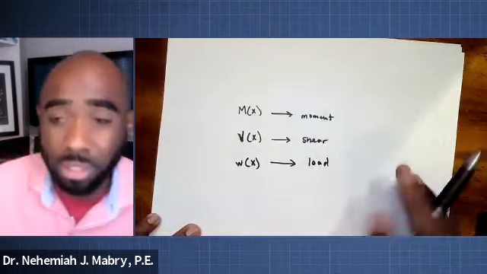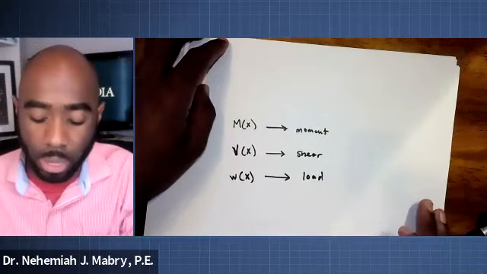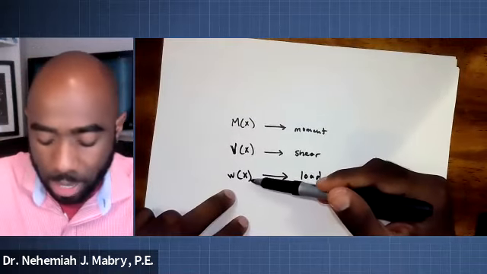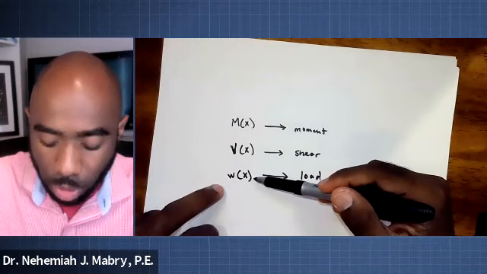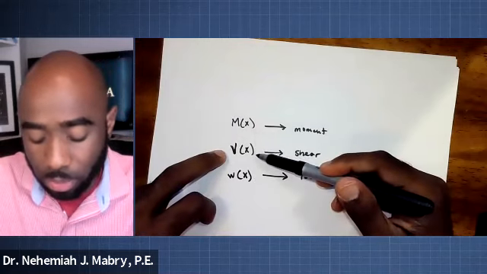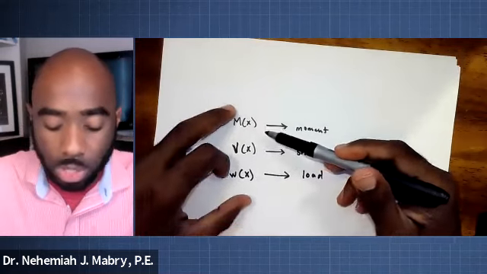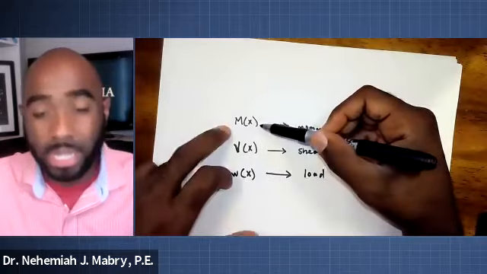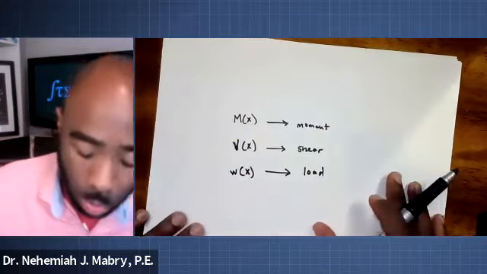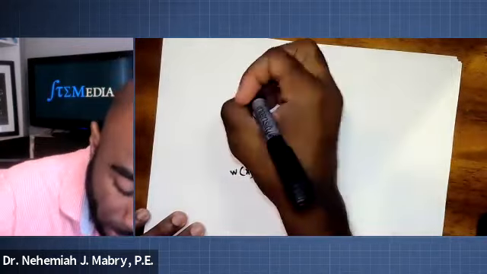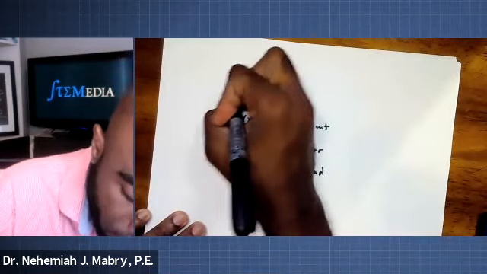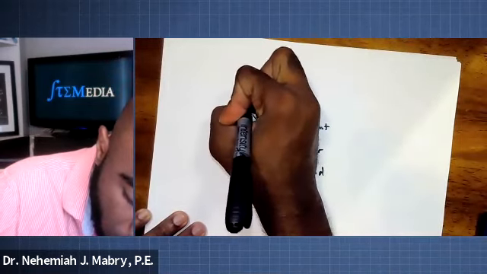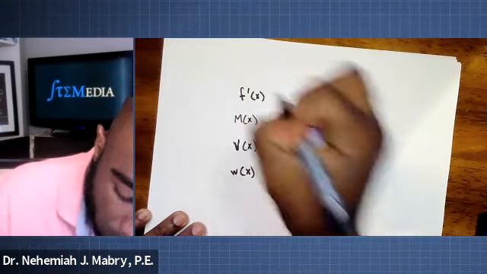Now, above this, we recognize that shear is the integral of the load and the moment is the integral of the shear. We should also know that if we take the integral of the moment, what we then have is what we call the slope.